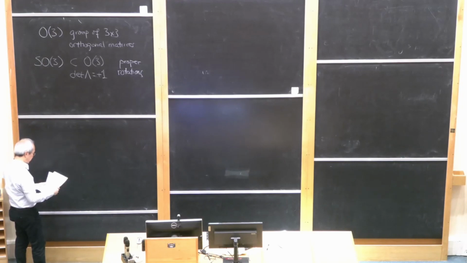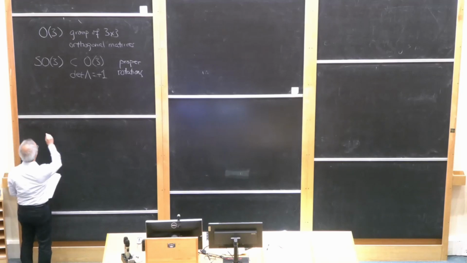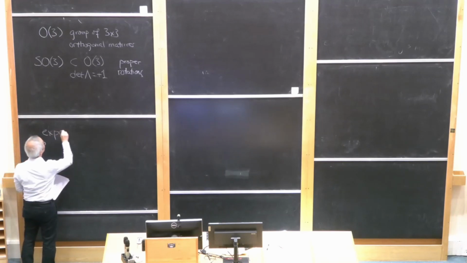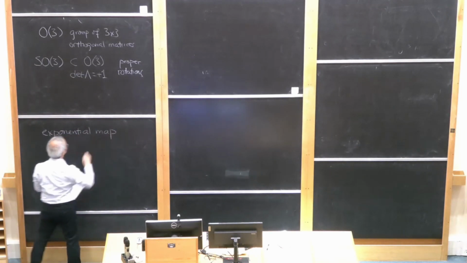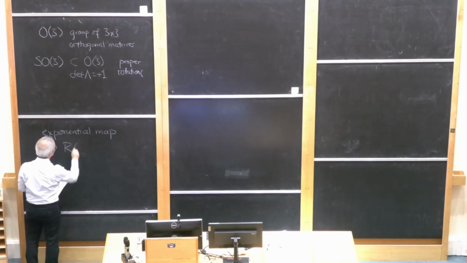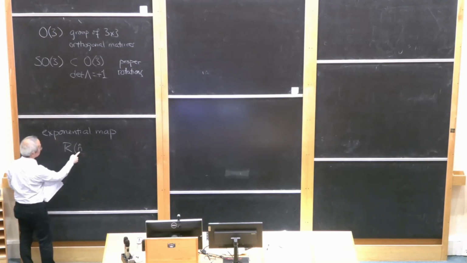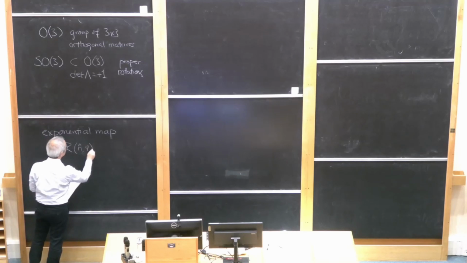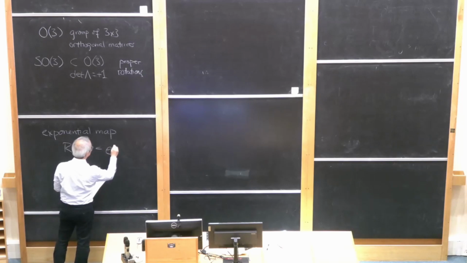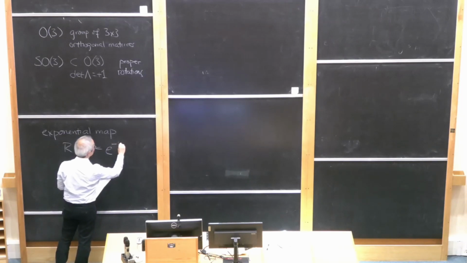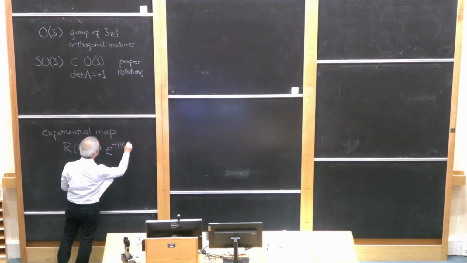Rotations tend to have an axis of rotation and then an angle. And this will be e to the minus i, the angle, and then n dot J.